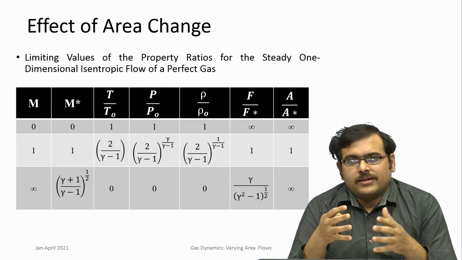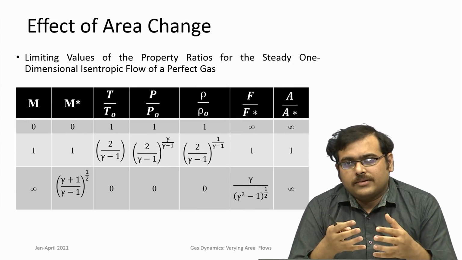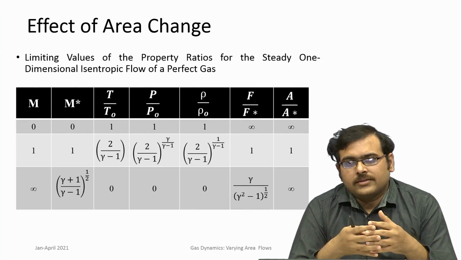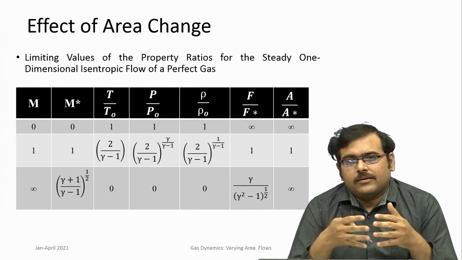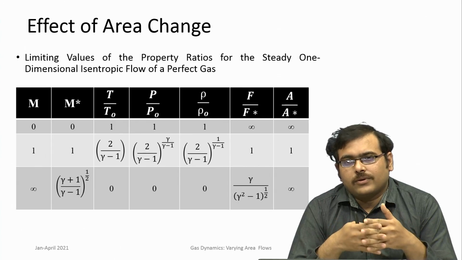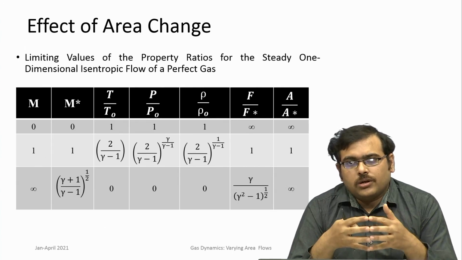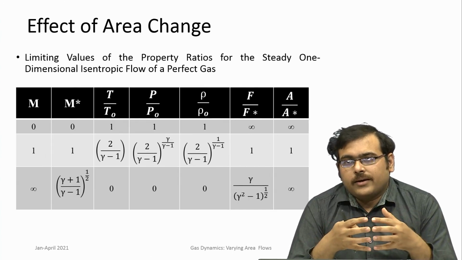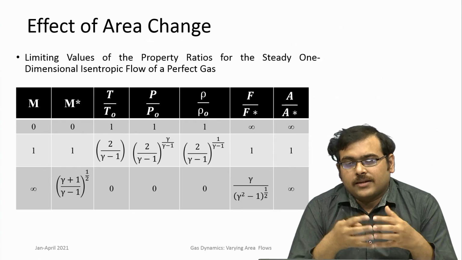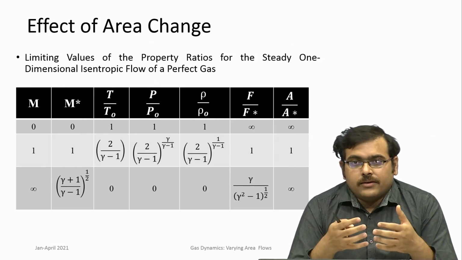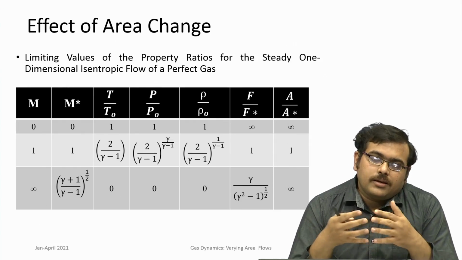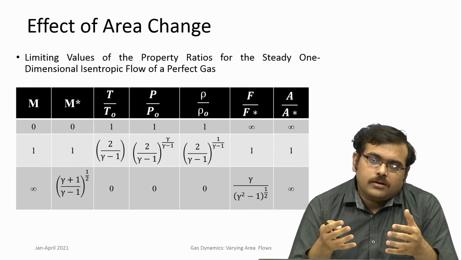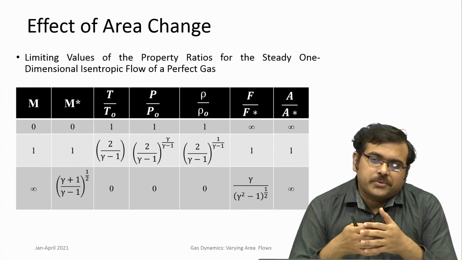So you should not consider these varying area ducts only in the context of areas and Mach numbers. You should also look at pressures. What happens if we do not provide pressure ratios which are consistent with the Mach number that needs to be produced according to the area ratio?